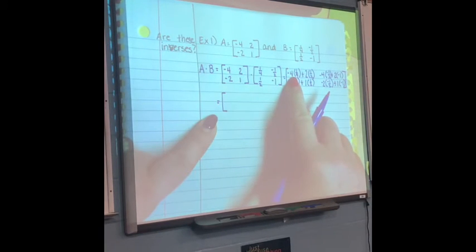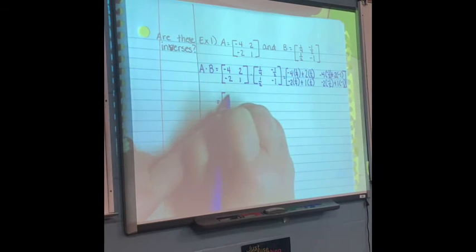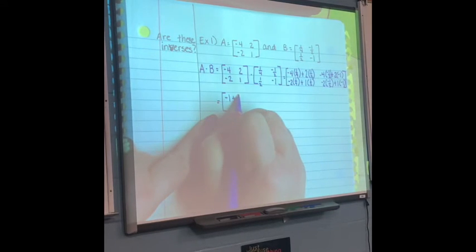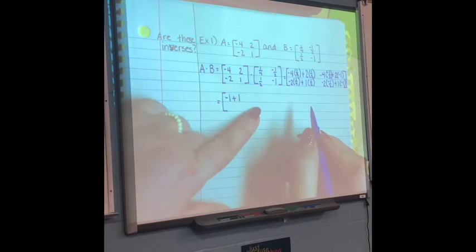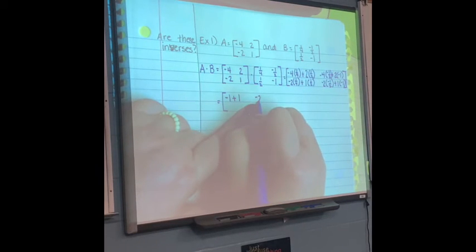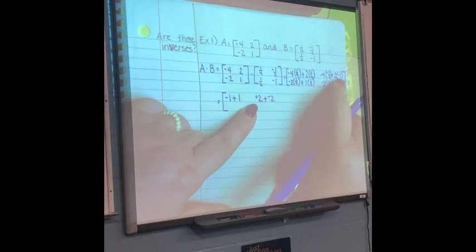Gonna simplify here. Negative 4 times 1/4 is negative 1, plus 2 times 1/2 is positive 1. Then I've got negative 4 times negative 1/2, that's positive 2, plus 2 times negative 1 is negative 2.